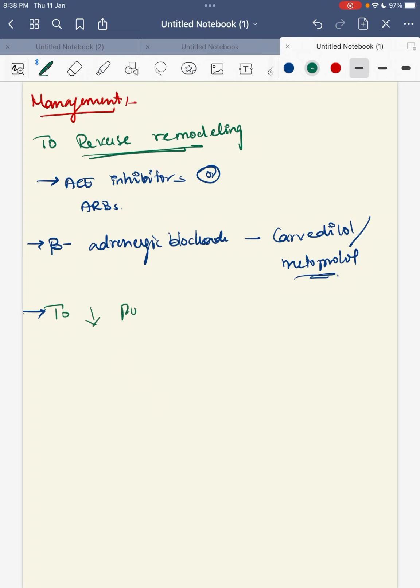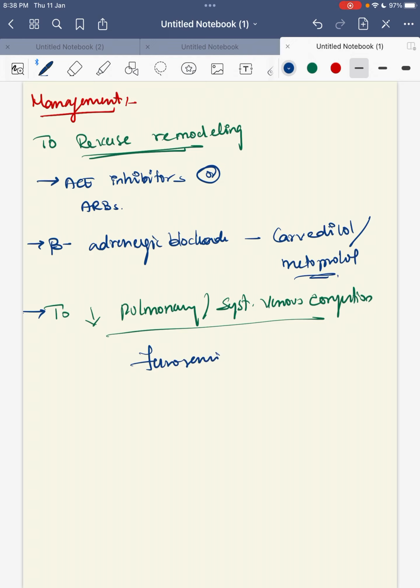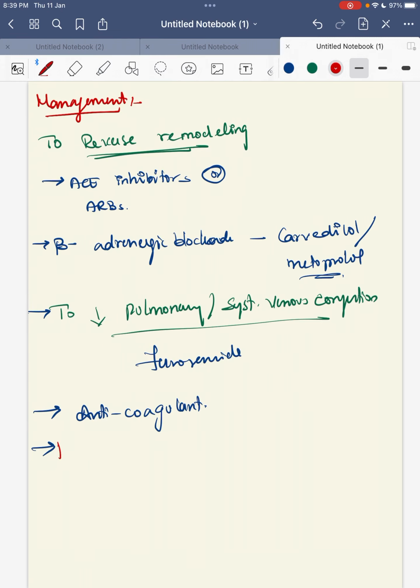To reduce pulmonary congestion or symptoms of pulmonary or systemic venous congestion, furosemide, that is Lasix, is being used. Okay. Since intracavitary thrombus formation is common in patients with dilated cardiomyopathy, anticoagulants are used for prophylaxis. Okay. If the patient gets arrhythmia, use antiarrhythmic agents.